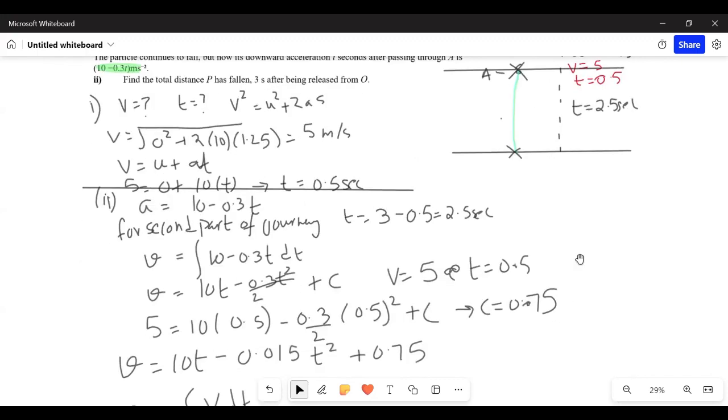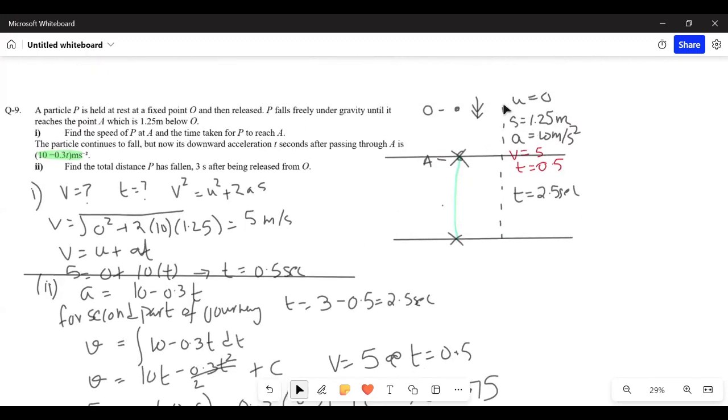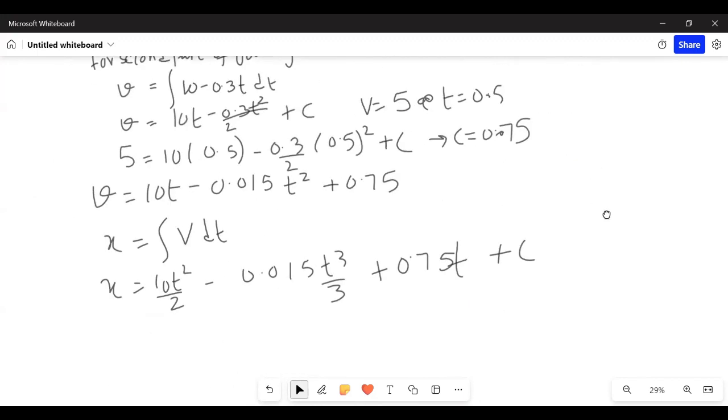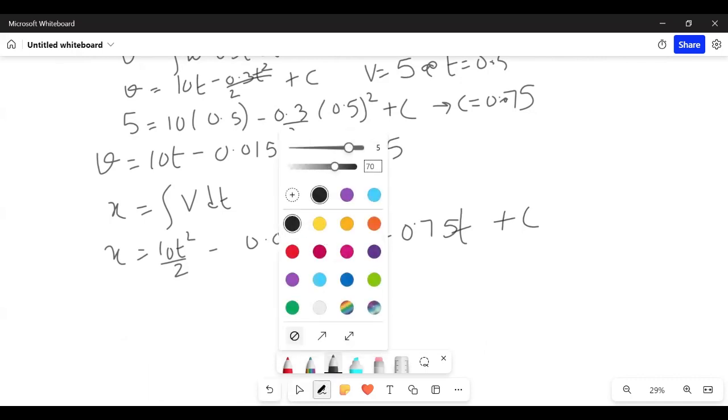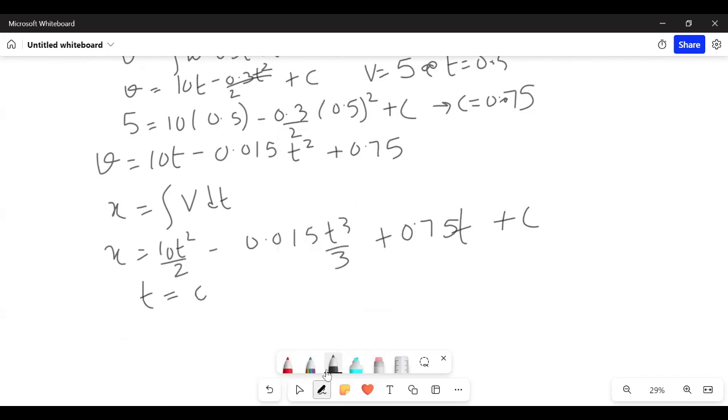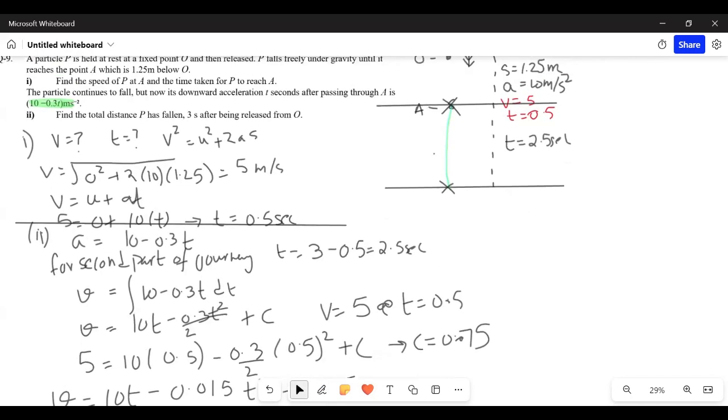ये देखो इस पार्ट में हमें पता है कि when time is at A, the distance covered is 1.25 and the time is 0.5. इसको use करके c निकाल लेते हैं. Okay. So that's going to give us time 0.5 and distance, what was it, 1.25. Yes.